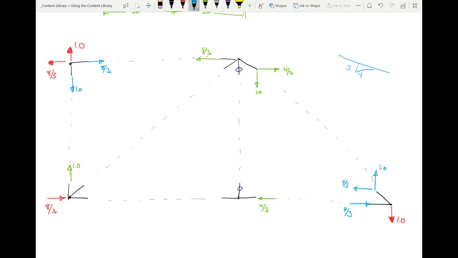Keep going. Let's look at this middle joint here. That's 4/3. If you notice, I'm using a color scheme, like blue are my unknowns, and green are the values that I know from previous joint analyses. So it sort of shows you the logic that I'm going through. All right, so 1 up, 1 down, 8/3, and then 4/3 makes that 4/3. Automatically comports to the slope ratio. And then if you look here, that's 1, that's 4/3. That final joint automatically meets equilibrium. So boom, the truss is solved.